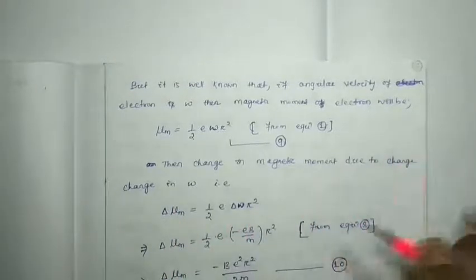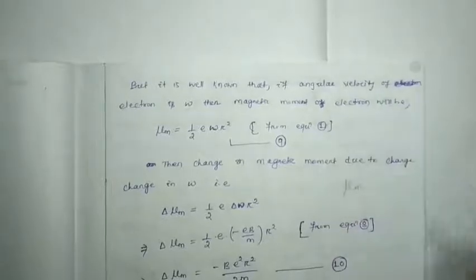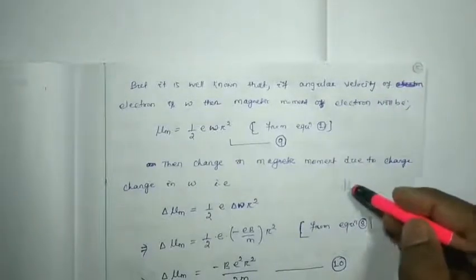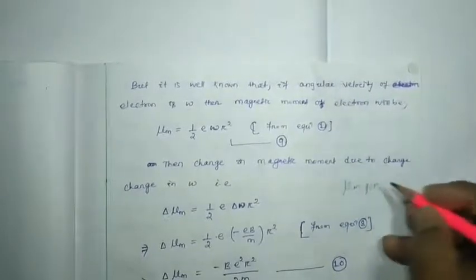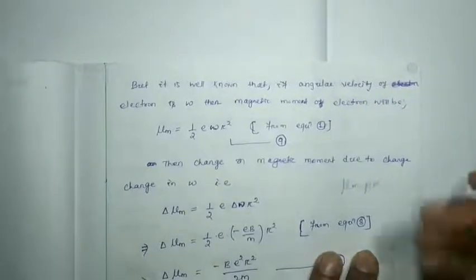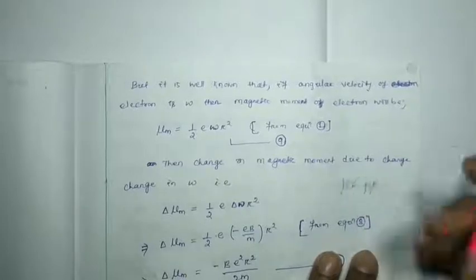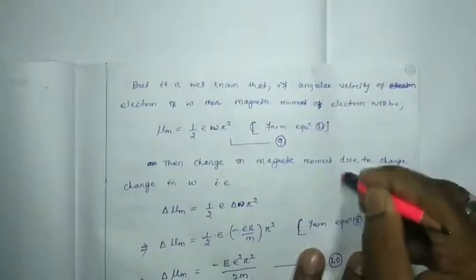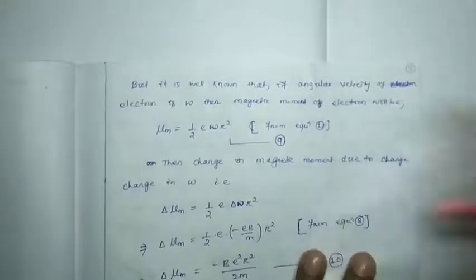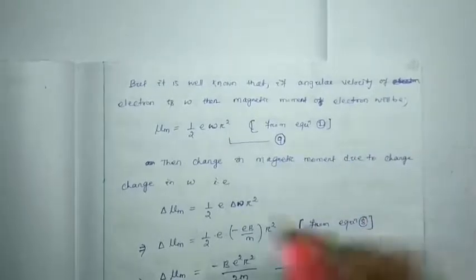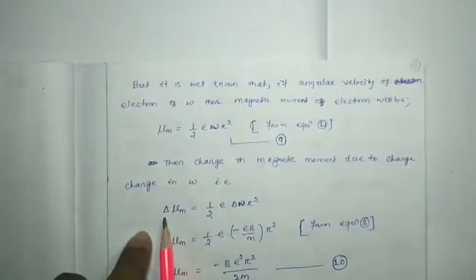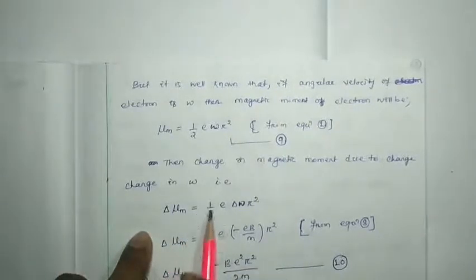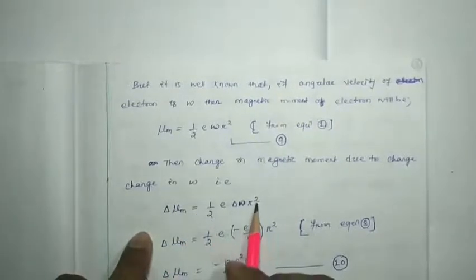Don't write it as mu m, that is wrong; this is correct. So del mu m, the change in magnetic moment, happens due to the change in omega. It can be written as del mu m equal to half e del omega r square, right?